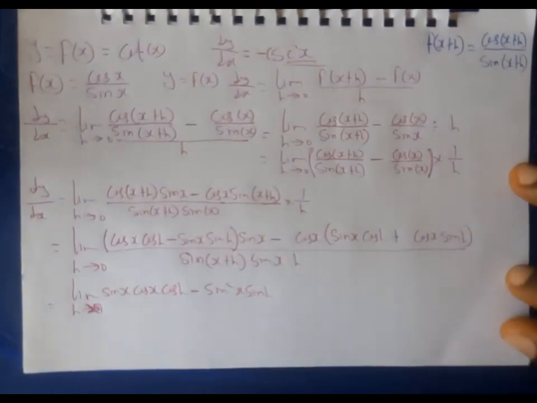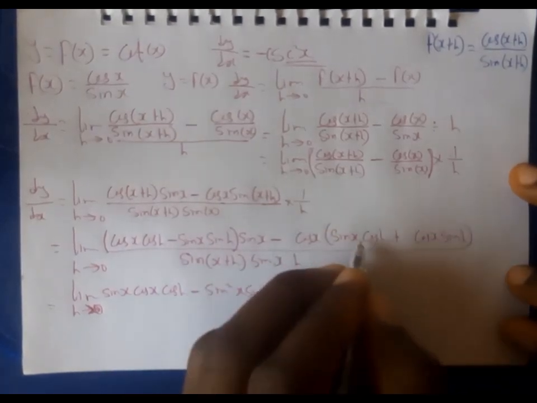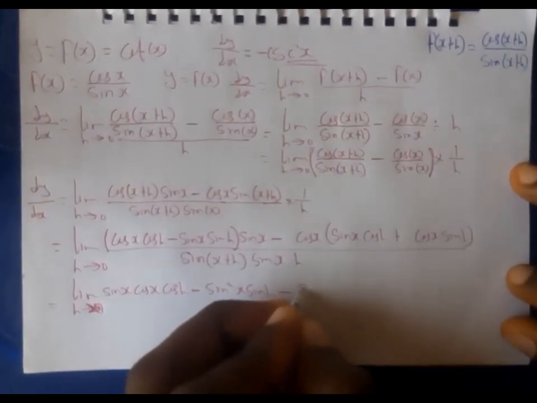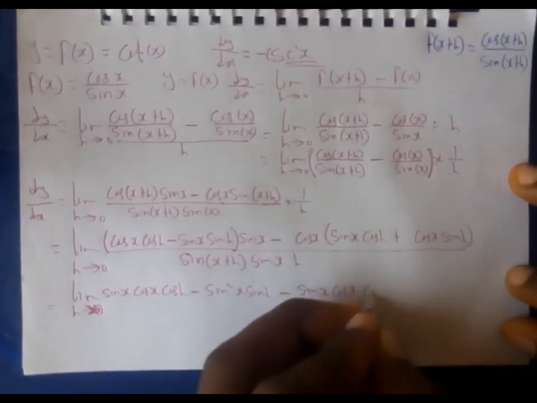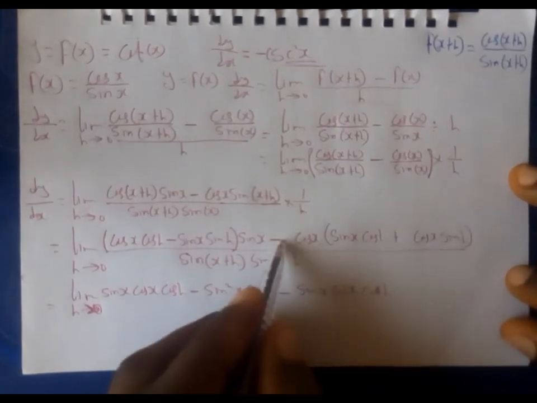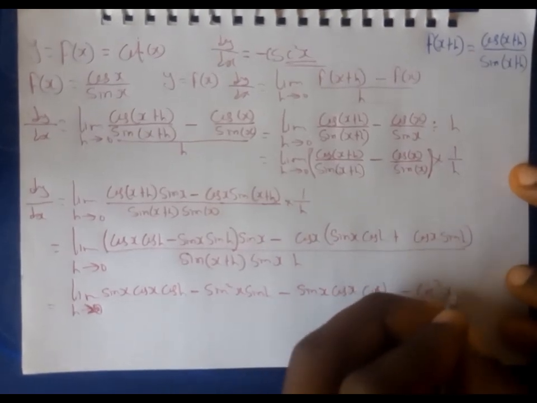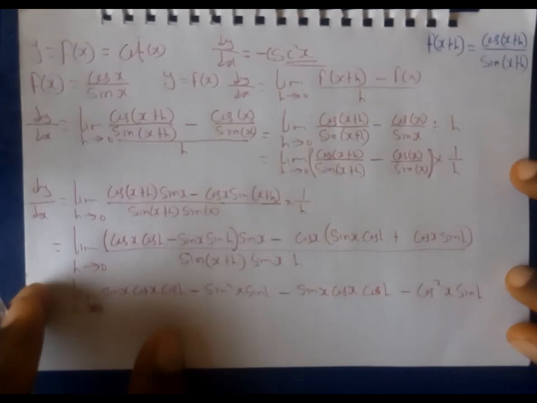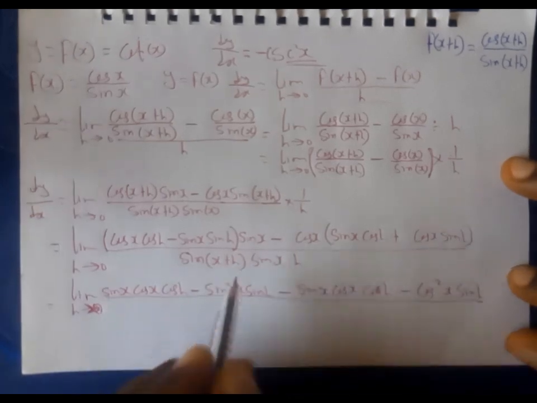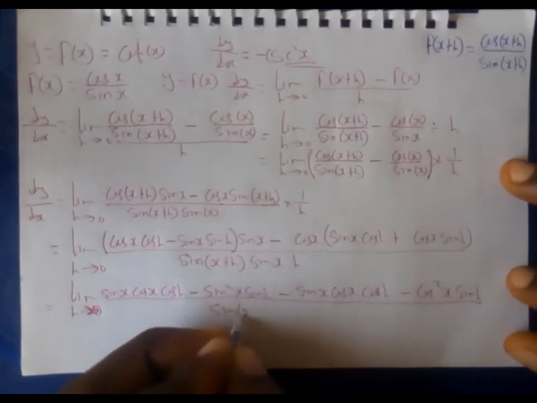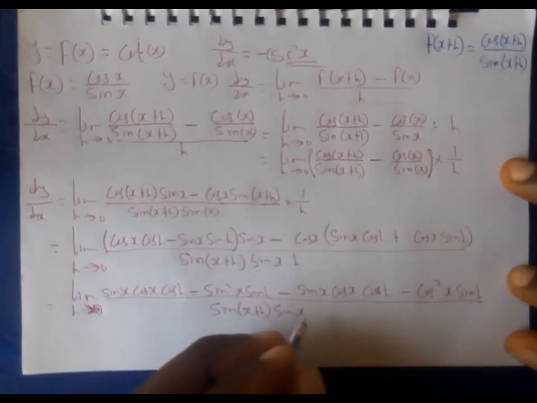Sine x times sine x gives us negative sine squared. Now minus cosine times this expression gives us minus cosine x sine x cosine h. The minus cosine times this entire expression gives us minus cosine squared x sine h. Perfect. And we still have a division of this. That's divided by sine x plus h, then sine x, then again h.